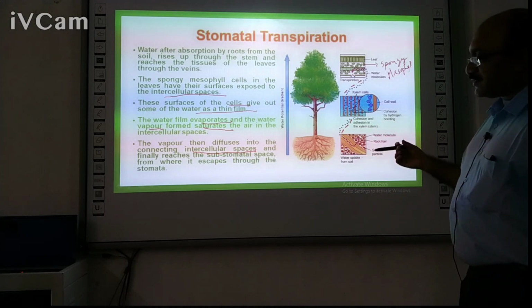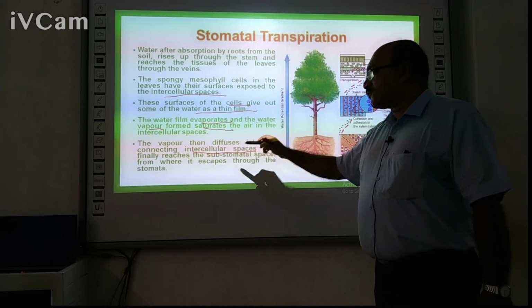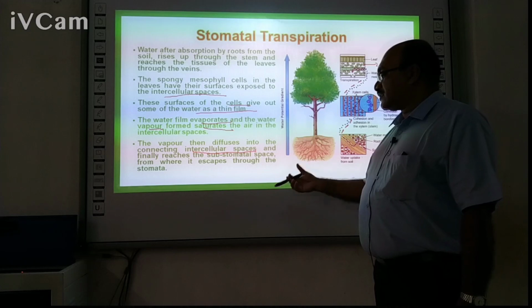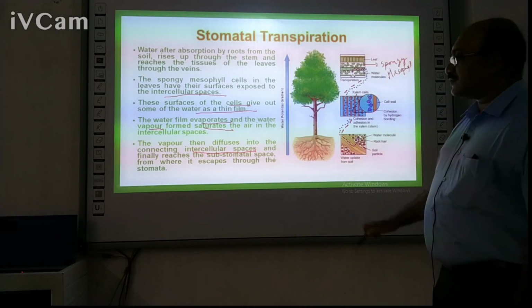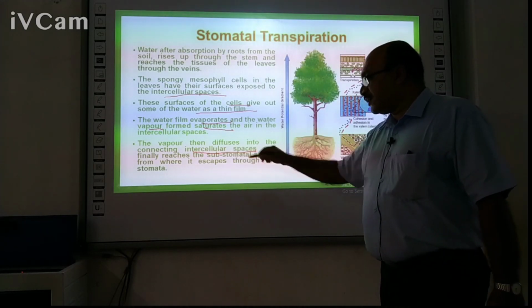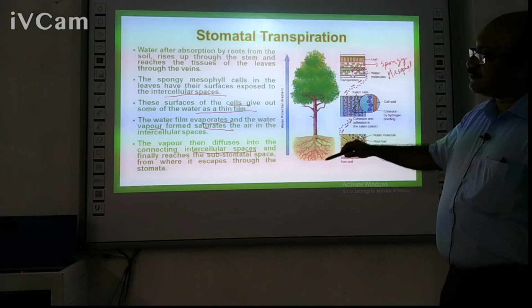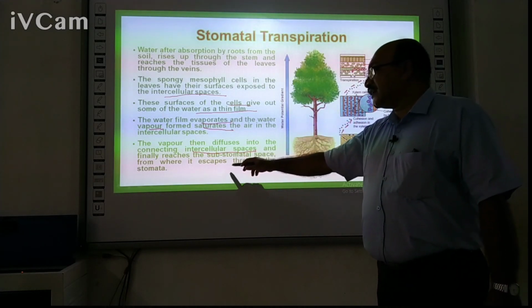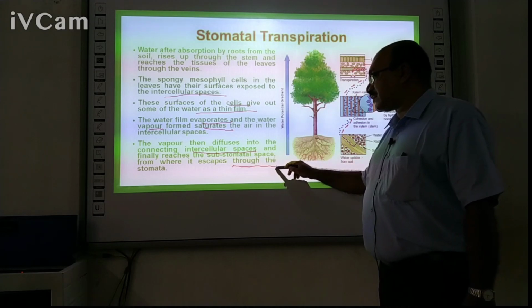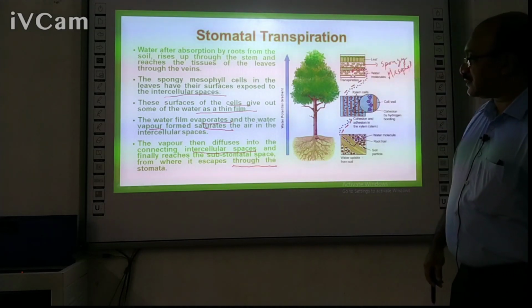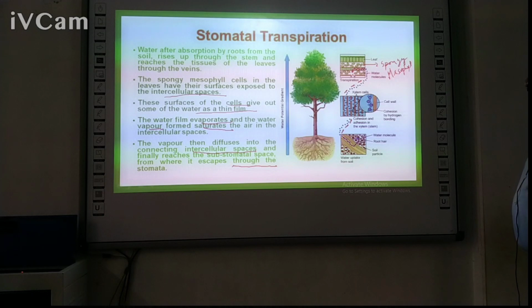So, the water vapor molecules move from a saturated region to a region where there is less. So, through all the intercellular spaces, the water moves and ultimately reaches the stomata and escapes into the air. This is how stomatal transpiration takes place.